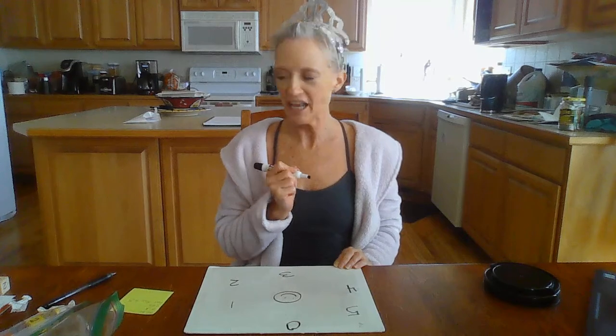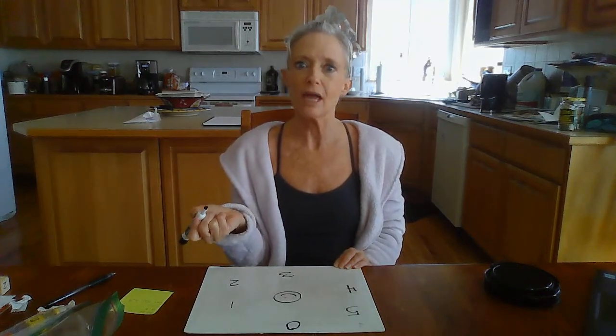There's my smiley face. And on our game board, it's usually 1, 2, 3, 4, 5, 6 spaces you have to go in order to get to the smiley face. I'm just going to do 3 spaces today, but you could obviously make this where it's 6.